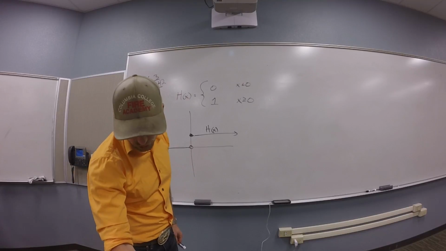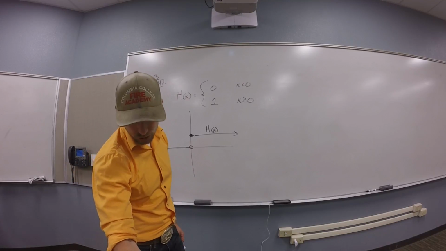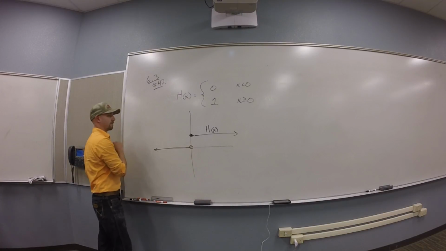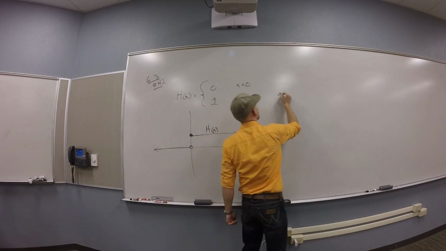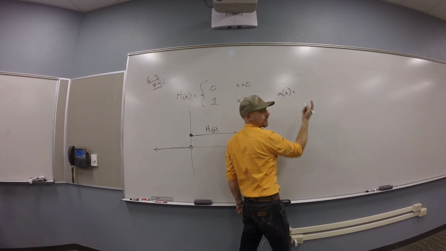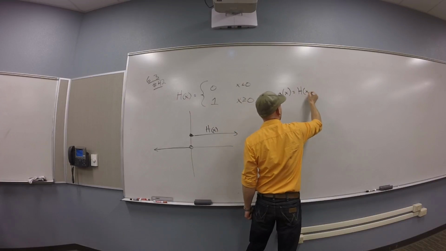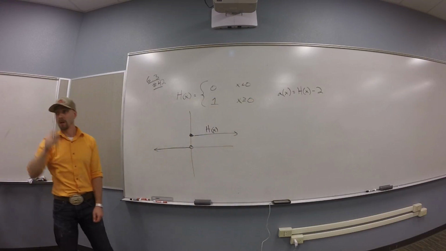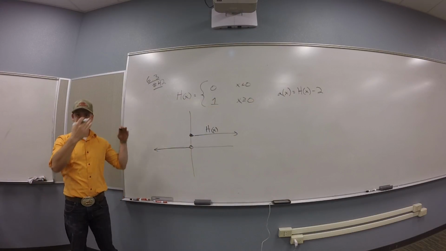So what were they asking? They're asking for some graph transformations. So the first one is what? Down by 2. Okay, so I'm going to say a of x is supposed to be h of x minus 2, which you guys are telling me is down by 2.